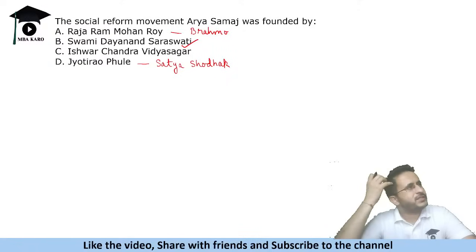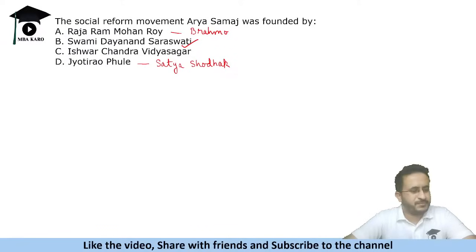Sometimes it is confusing whether widow remarriage was done by Raja Ram Mohan Roy or Ishwar Chandra Vidyasagar. So these were the reform movements by these people.